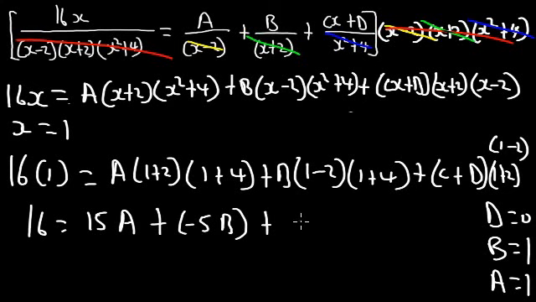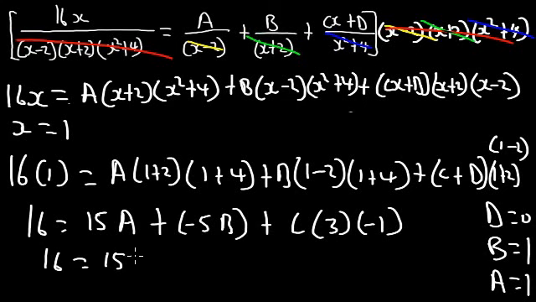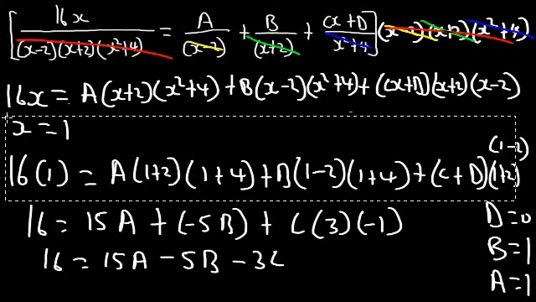Plus c plus d, that's c plus 0, that's c, multiplied by 3 in the bracket of minus 1. 16 equals 15a minus 5b minus 3c. So now let's plug in the values of a, b, and c respectively.